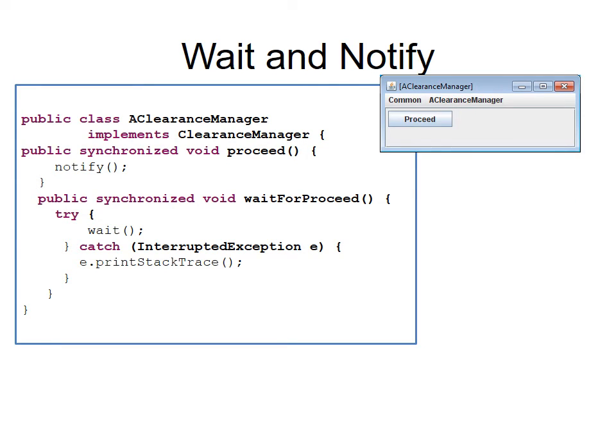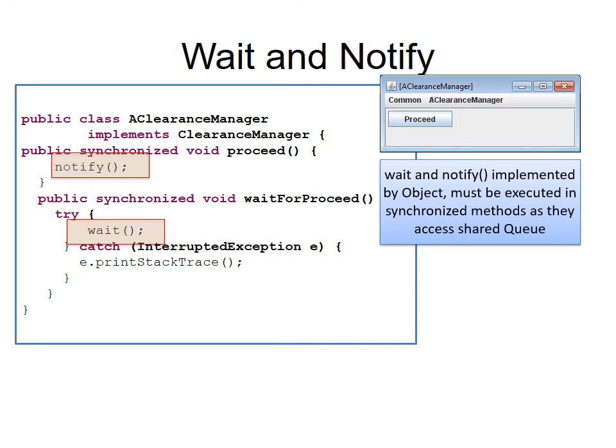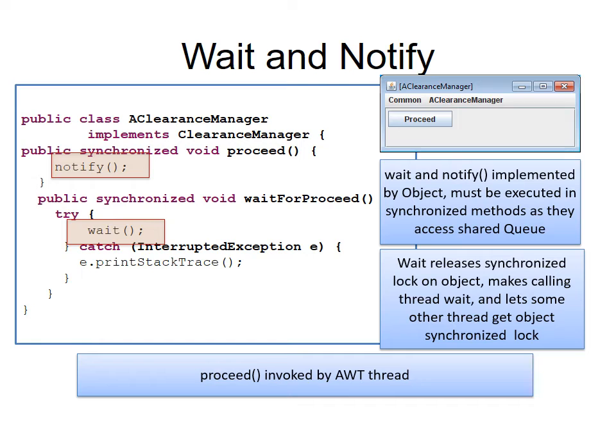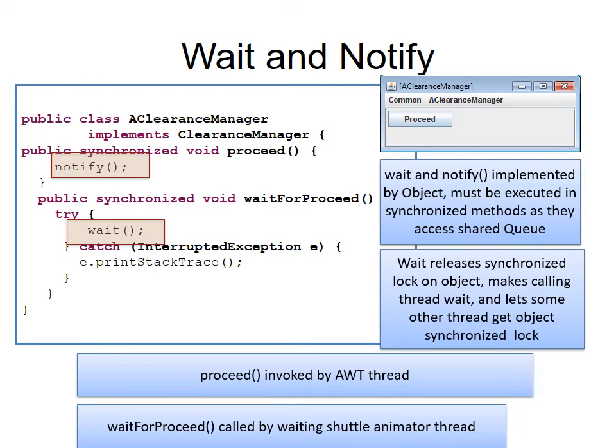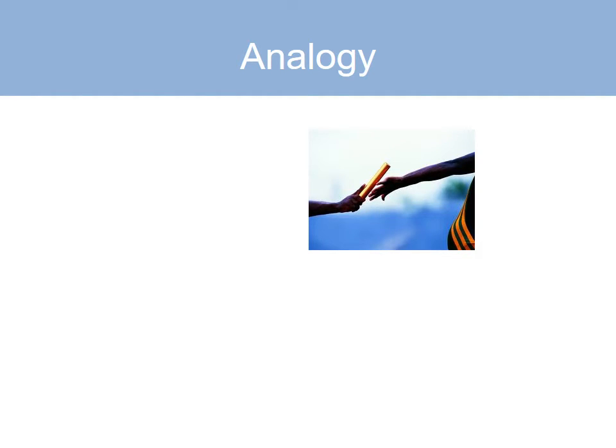And if you know anything about Java wait and notify, you know that these have to be executed in synchronized methods because they access a common queue. And I tell them all about that, and that's why I use the word proceed and wait for proceed, because these are methods that are built on top of notify and wait that just add the synchronized method. Okay. And the analogy is that you have a relay race, so the next runner is waiting for the previous runner to give the baton.